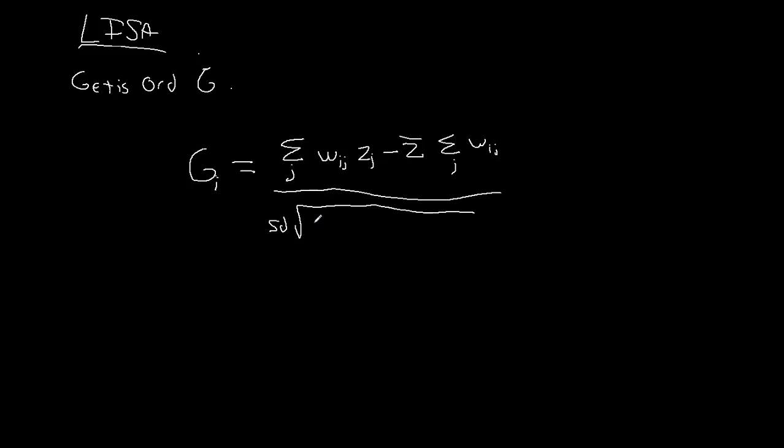times the square root, on the top is going to be n times the summation of j of the weights matrix squared, minus the sum of the weights matrix, squared, over, that should go all the way down, over n minus 1.